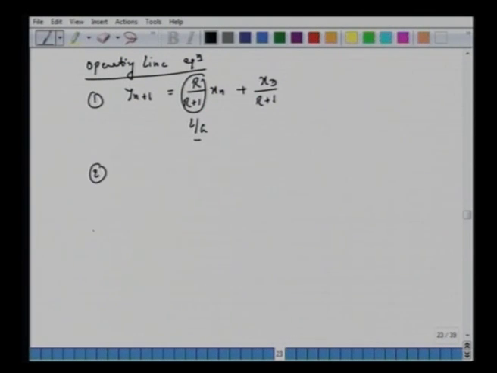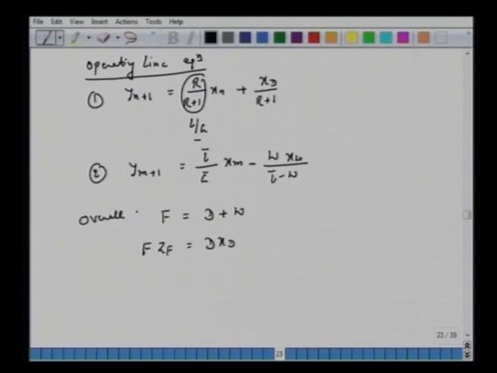The second operating line equation we had, for the stripping section, which we wrote as ym plus 1 equal to L bar over G bar times xm minus W xW over L bar minus W. Overall we wrote F equals D plus W, and we wrote F ZF equal to D xt plus W xW.